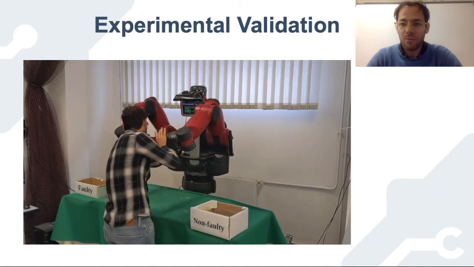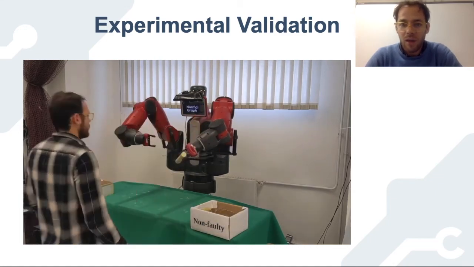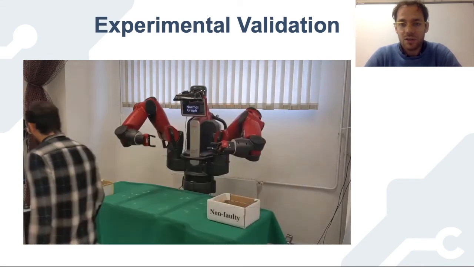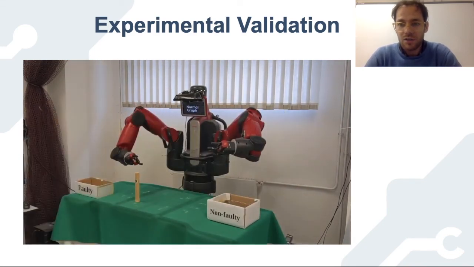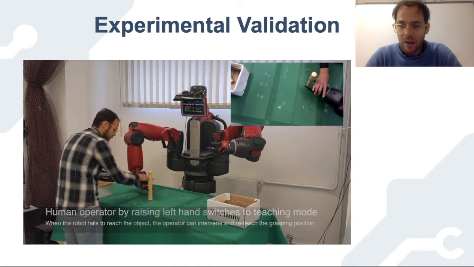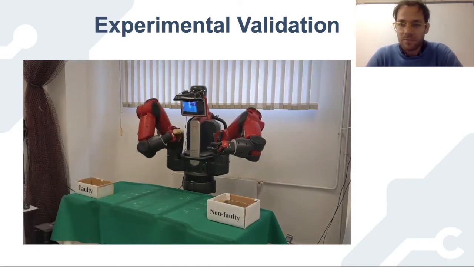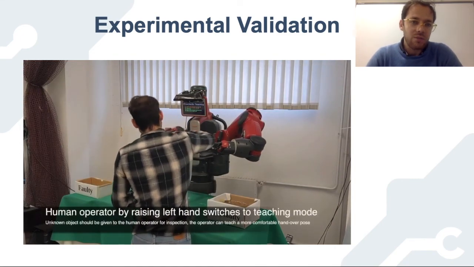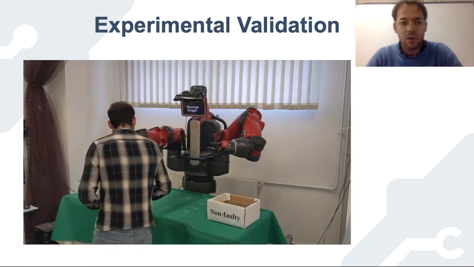The human operator, by raising his left arm, intervenes in some cases and creates a branch teaching graph and starts teaching the robot arms the position of objects to pick, the handover positions, and also the position of boxes where the robot has to place the faulty and non-faulty objects.